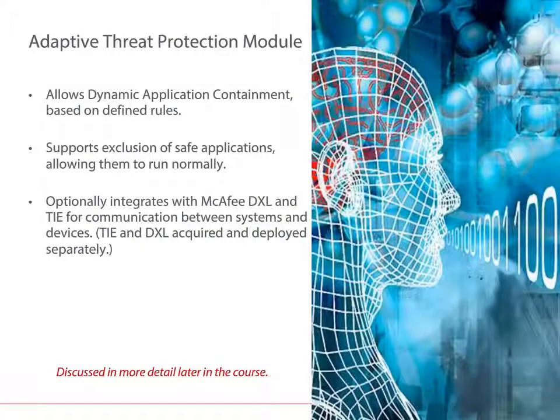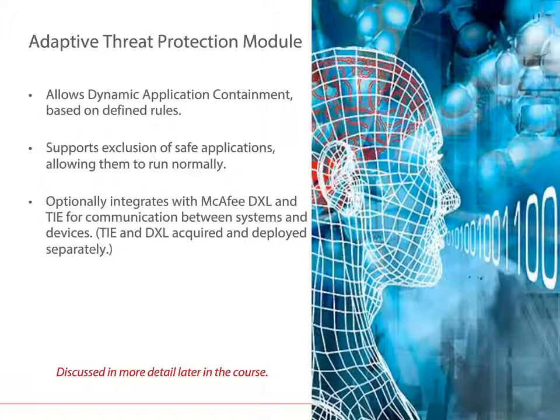The Adaptive Threat Protection module is the feature that allows for the dynamic application containment. You're going to see that we have some predefined rules that you will be able to use for this. We can also exclude safe applications so that those can run normally and you have better performance.